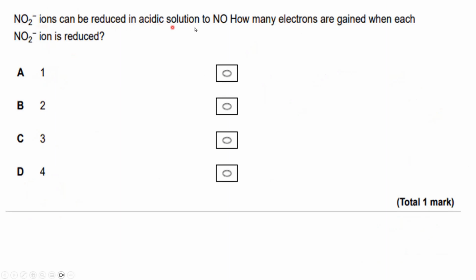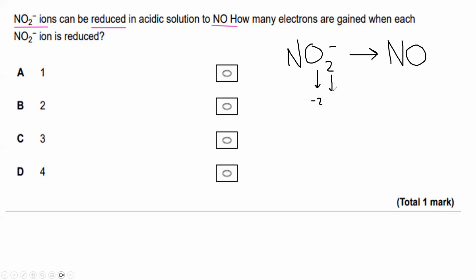Okay, looking at this next question, we're dealing with an NO2 minus ion that can be reduced, which means gains an electron, to become NO. How many electrons does it need to gain when each NO2 minus ion is reduced? Well, let's have a look at this. NO2 minus goes to NO. So if we look at the oxidation state of oxygen, which is always -2, unless it's with a fluorine atom, we'll see that there's 2 oxygens here.